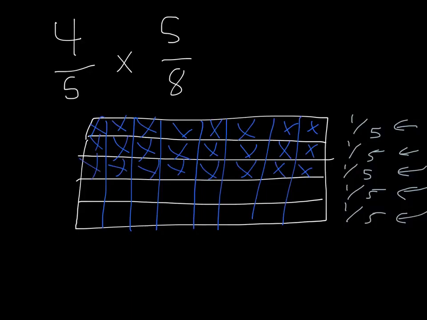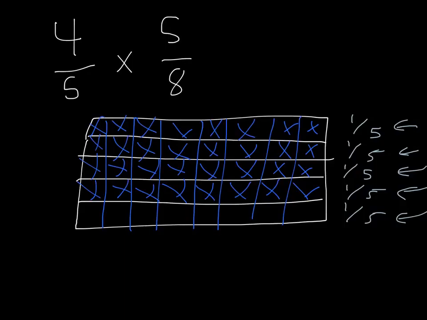And 4/5. And I don't color in the last one because that would be coloring 5/5. So that's 4/5 colored in. Now I need to find 5/8 of that. And lucky for me, each one of those lines has been split into 8 pieces for me already when I drew this grid. So now, of that colored in part, I need to find 5/8.